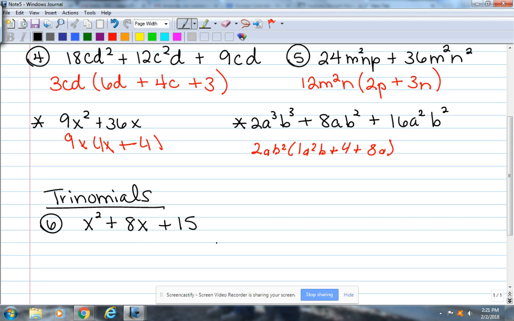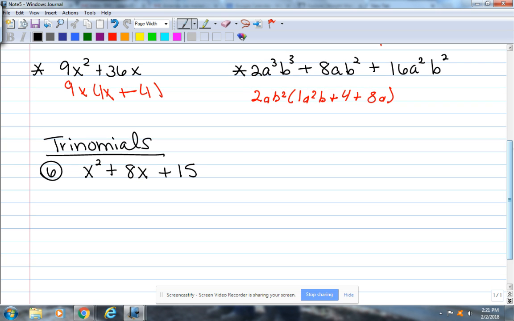Okay. And the tri means there's 3 terms: x squared, 8x, and 15. So, factoring trinomials. Now, if you had a different Algebra 1 teacher than me, you might have done this a little bit differently, but I'm going to show you how my kids did it. For a trinomial, you got this end term right here, and then you got a middle term.